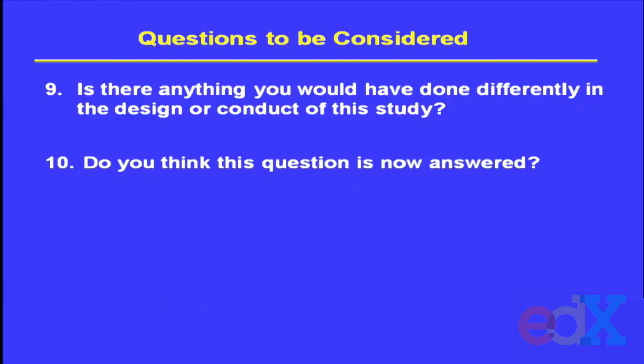And finally, the very last question: do you think the question about speed of Band-Aid removal and pain is now answered? Did this trial answer that question? And when we say answer, we mean, I don't care whether slow or fast is better. I just want a definitive answer to the question.